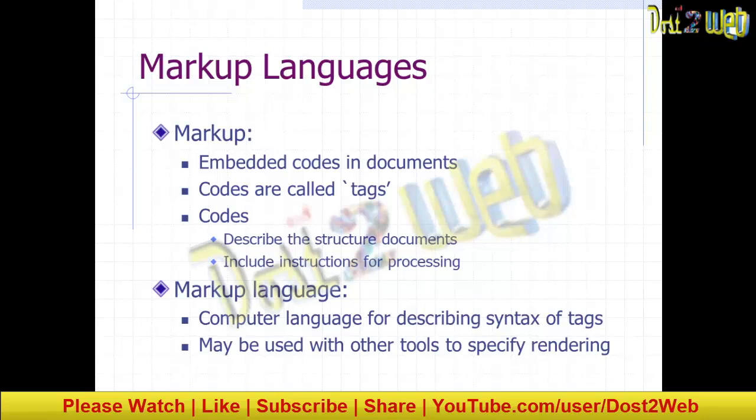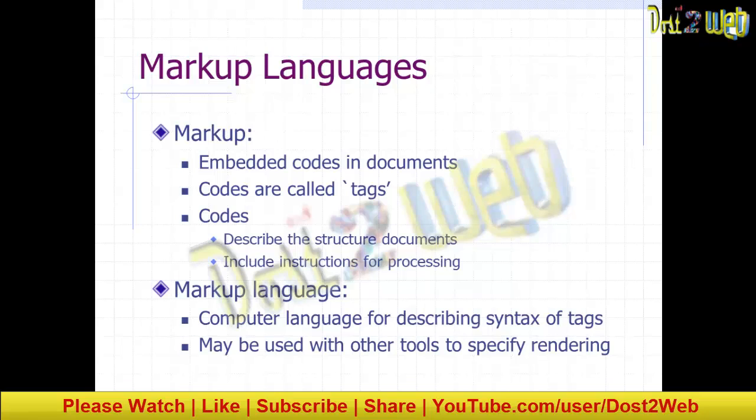Then what are the codes? Codes describe the structure of the document, and whatever you write includes instructions for processing. Whatever you want to process, you write the instruction in that.